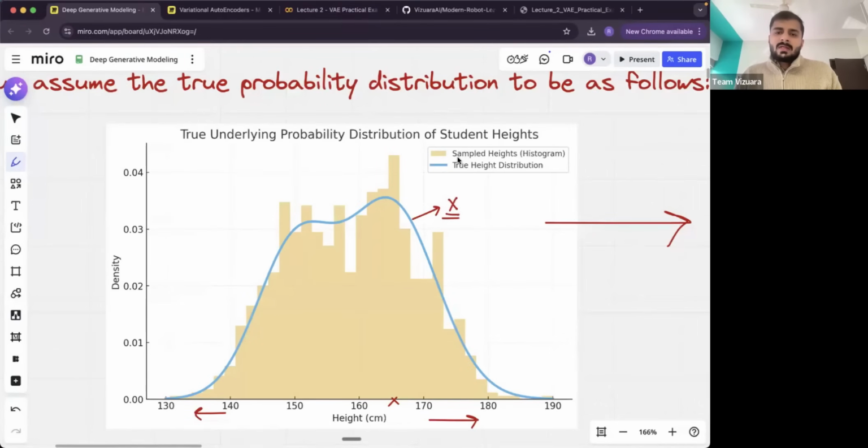All we have with us are these heights. So you can see this yellow distribution which appears in the background. It is the samples which we have collected. And it is somewhat following the trajectory of the blue distribution, but not quite. And if you collect very less samples, then the distribution will be even more further away from the true distribution.